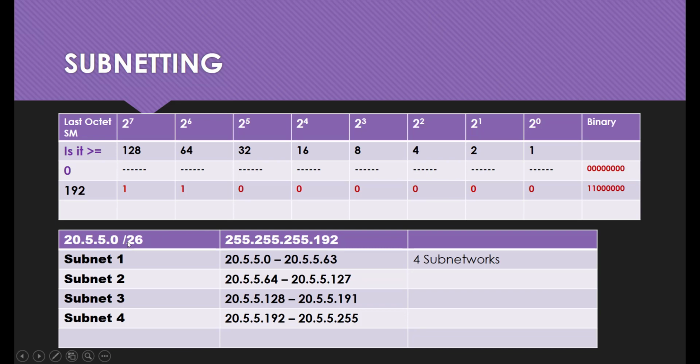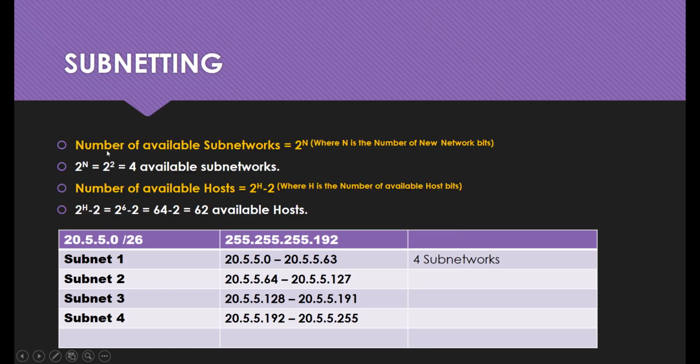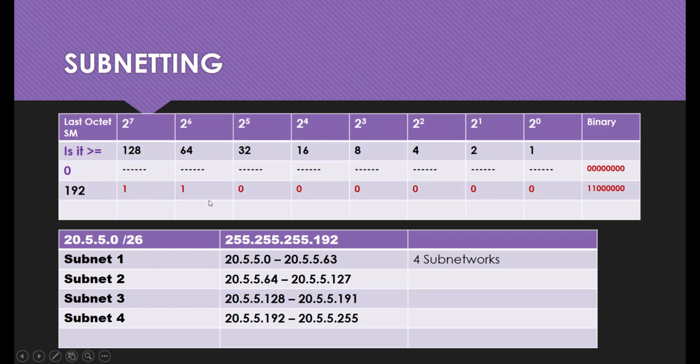And that was able to give us /26 CIDR notation. So we have 4 subnets that were created from that. And how did we get that? Using our formula, we found out that the number of available subnetworks will be 2 raised to the power of n. So n is the number of borrowed bits, and in this case we borrowed 2.